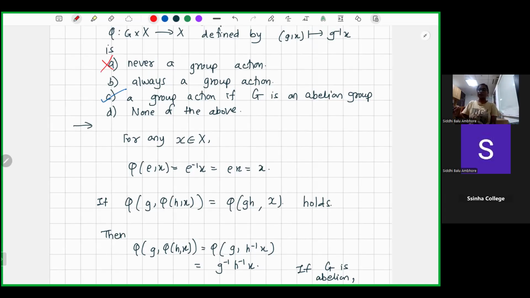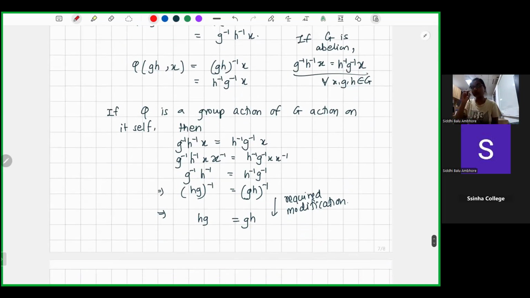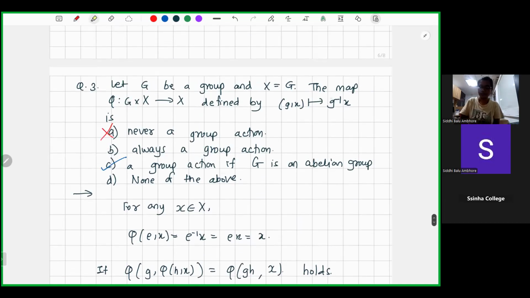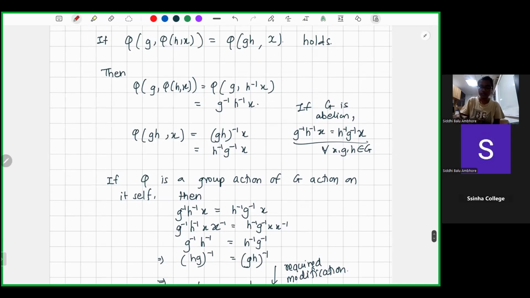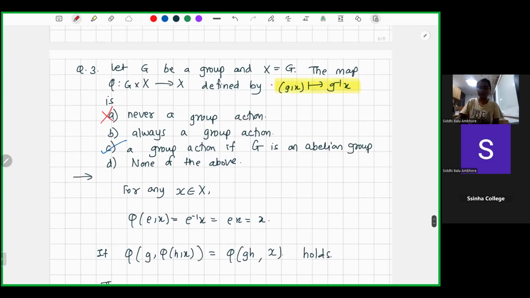But the question is, will this always be a group action? No, because the moment I have some non-abelian group, then when it acts on itself under this action, it need not be a group action, because in general these two need not be equal.